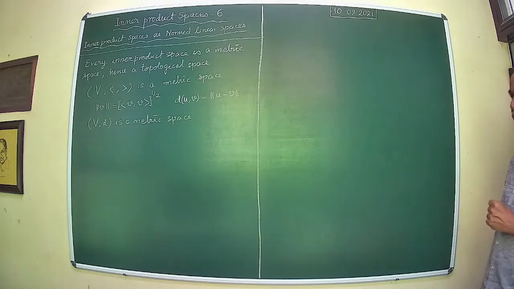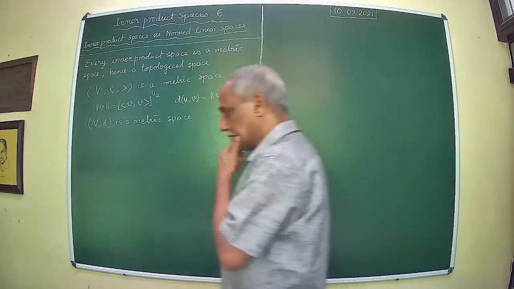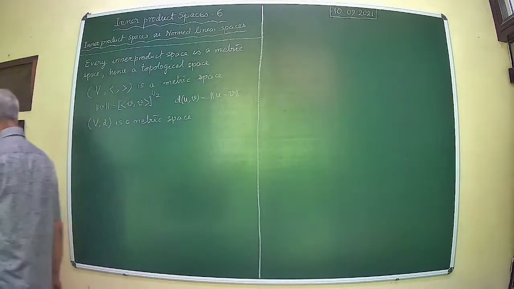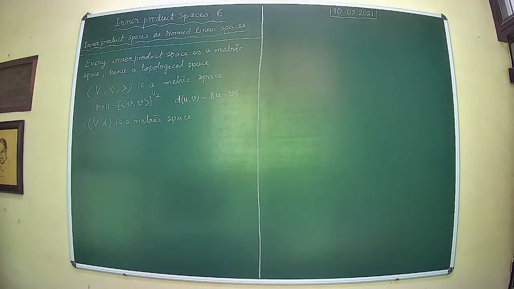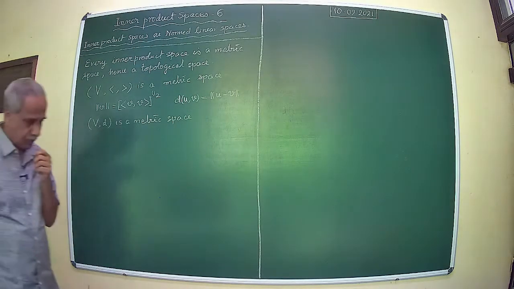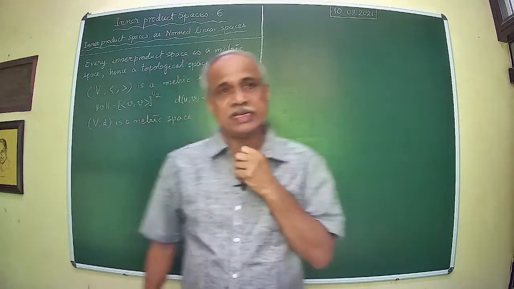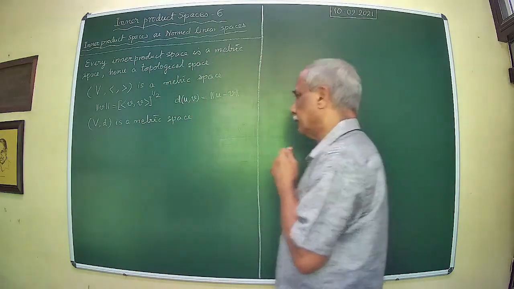Now you see that if V is a metric space, then V cross V is also a metric space.